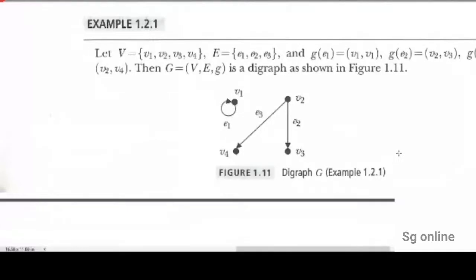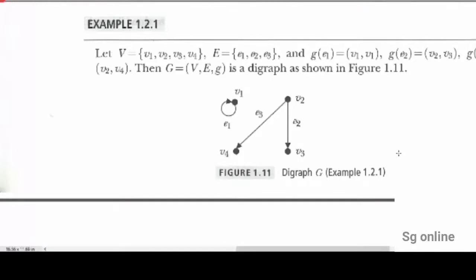You see that V2 has two out neighbors, V3 and V4, and V1 has the same out neighbor and in neighbor, that is itself. V3 has one in neighbor V2, and V4 has one in neighbor V2.